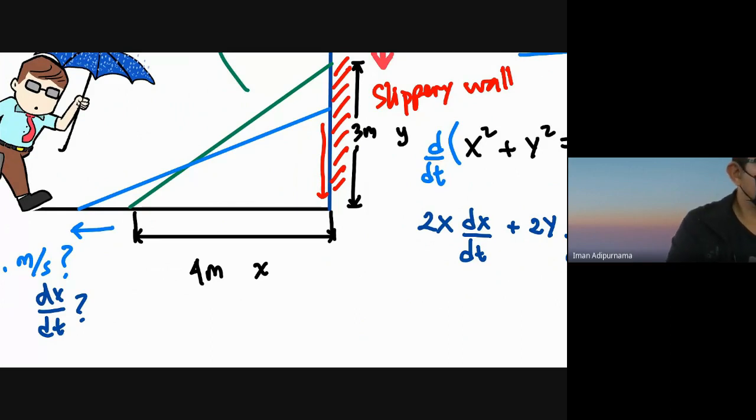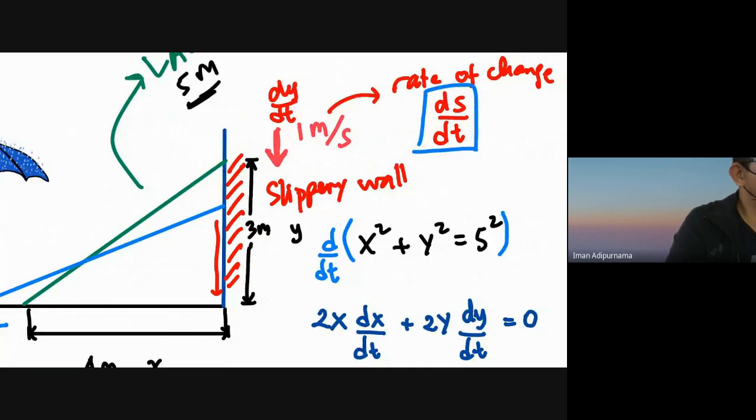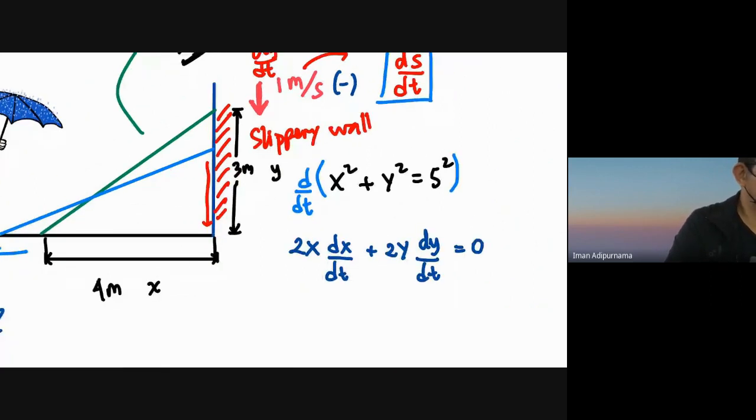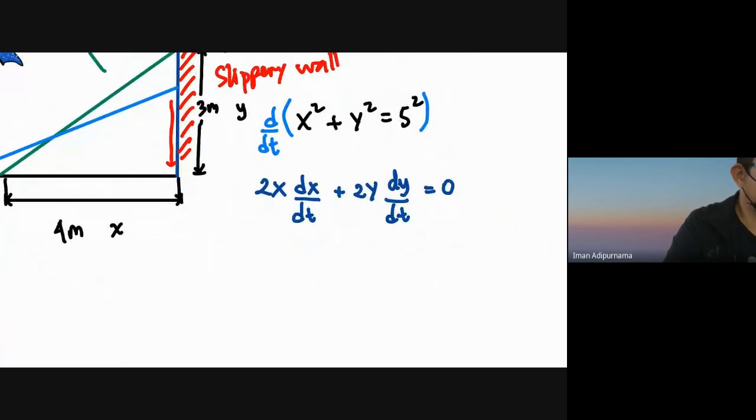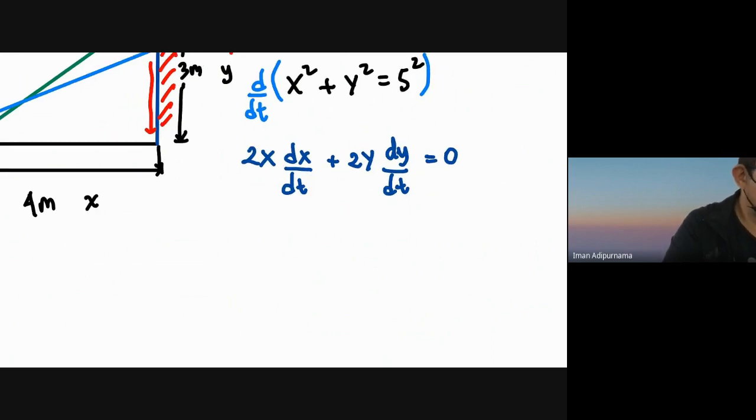So I prefer to take my dy over dt as negative because it's decreasing. But actually, plus or minus, that's up to you as long as your information is correct at the end. That's fine. But I want to make it negative.